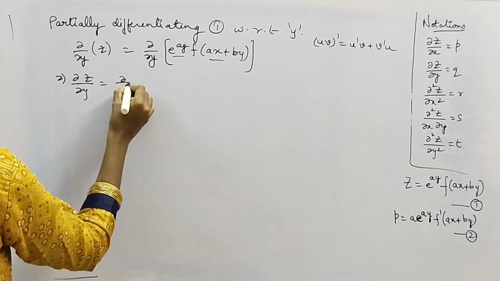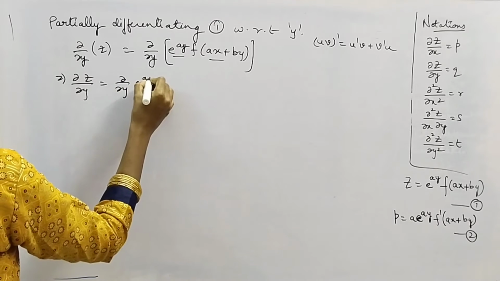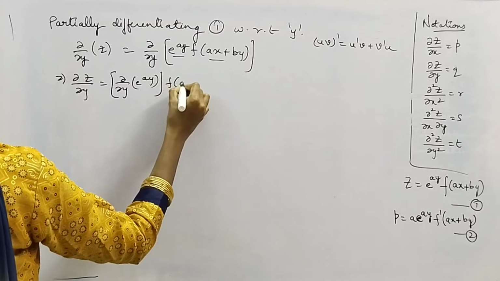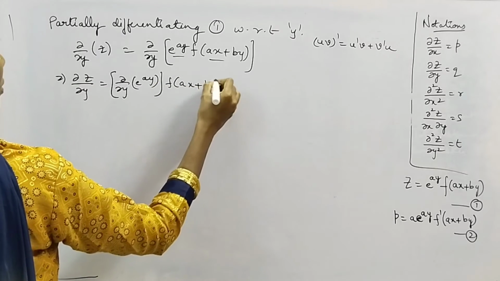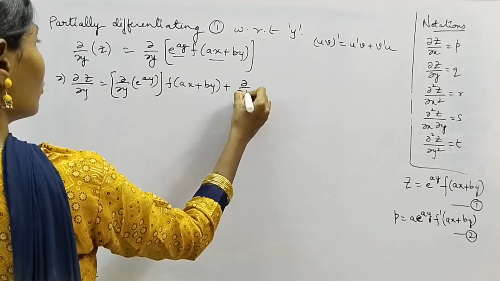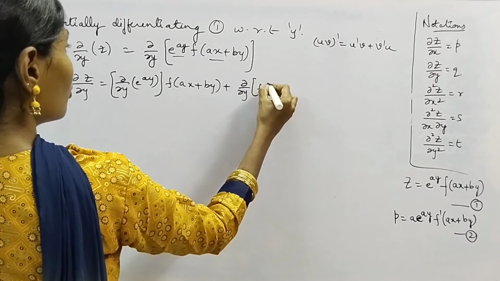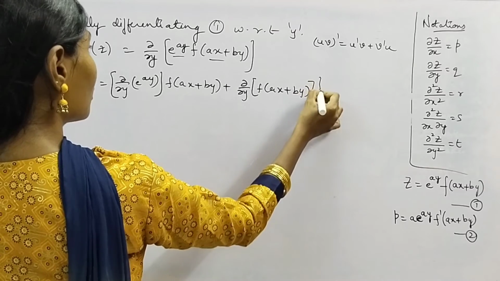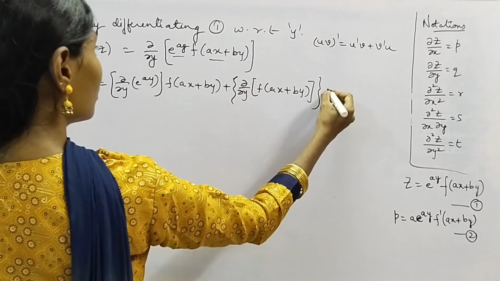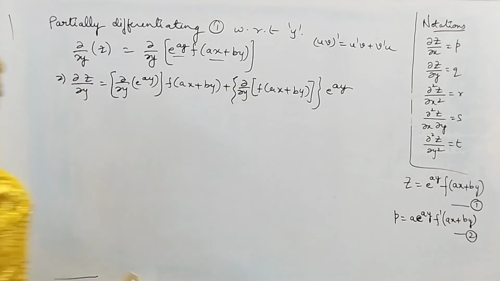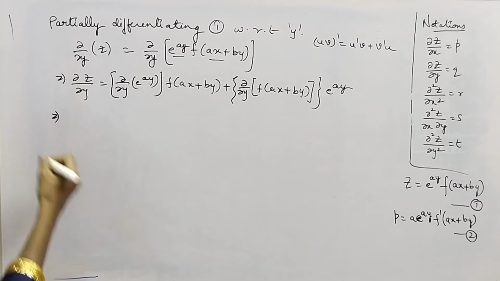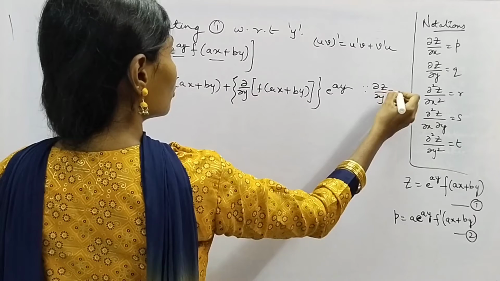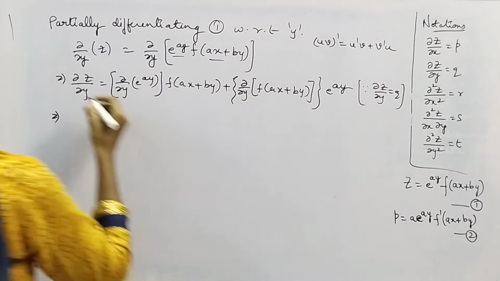You can write this as dou by dou y of e power ay into f of ax plus by plus dou by dou y of f of ax plus by into e power ay, okay? Since we have a notation dou z by dou y equal to q, let's replace it by q.